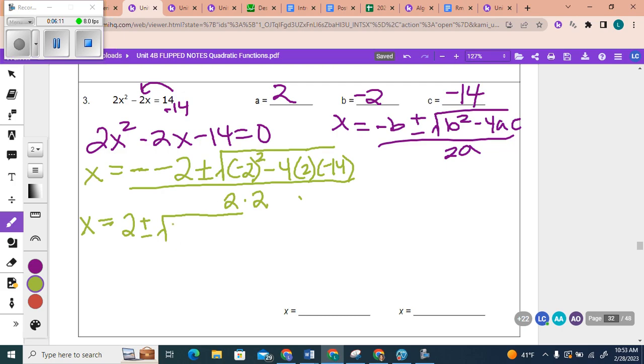Negative 2 squared is positive 4. You're definitely going to need your calculators today. Here you need to multiply before we add. So negative 4 times 2 times negative 14. What is that?